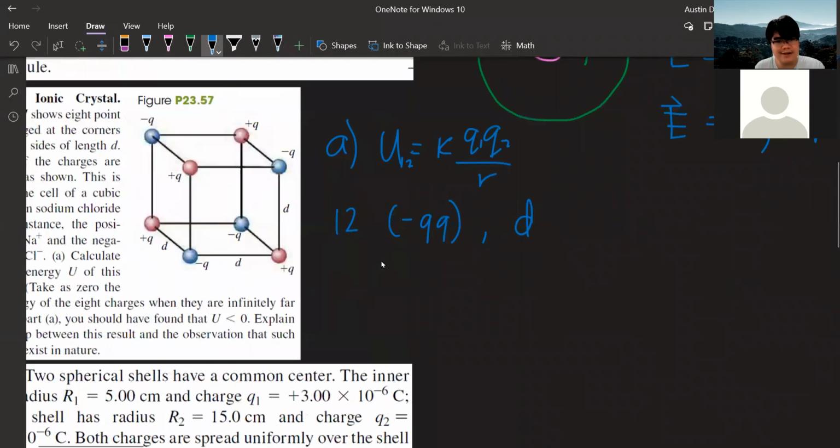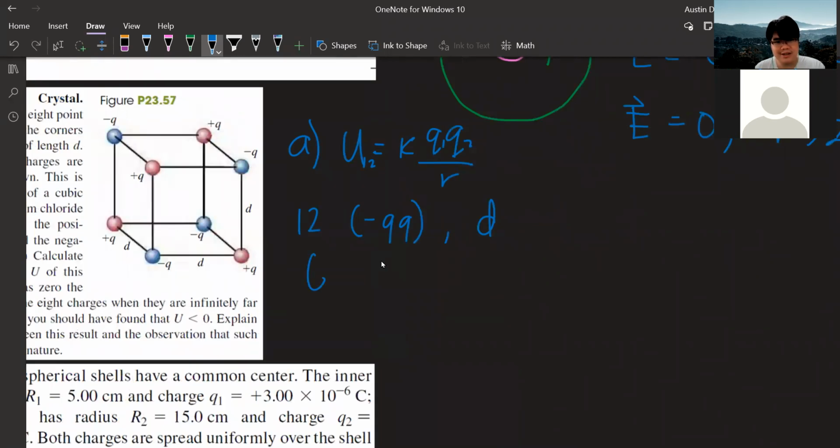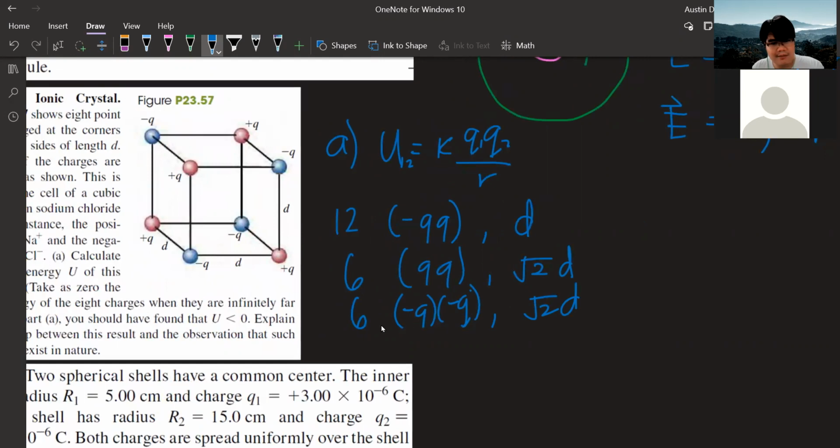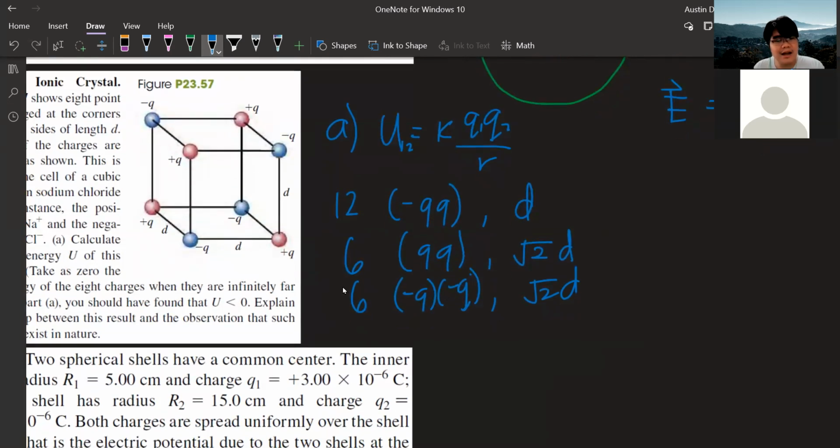So the total of 6 would be for the positive Q charges, separated by square root of 2 d. And another one for the negative Q, square root of 2 d din. Similar way lang, 6 din makukuha ko for the negative Q.